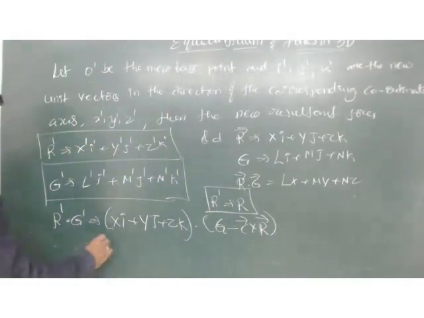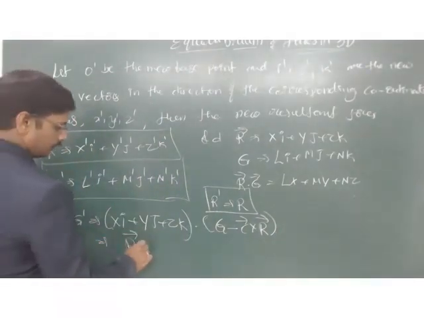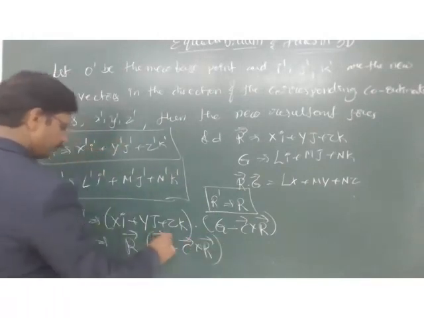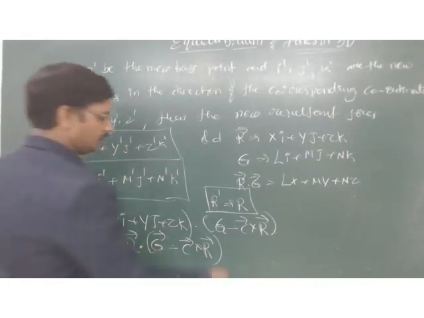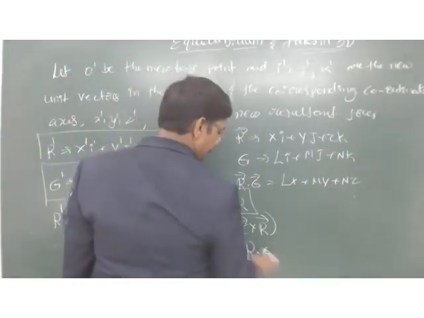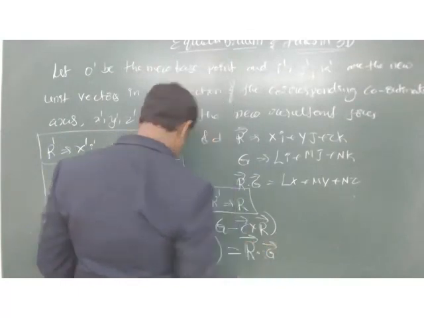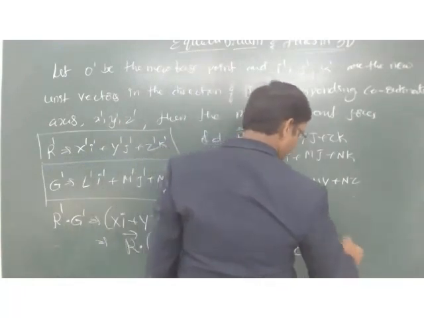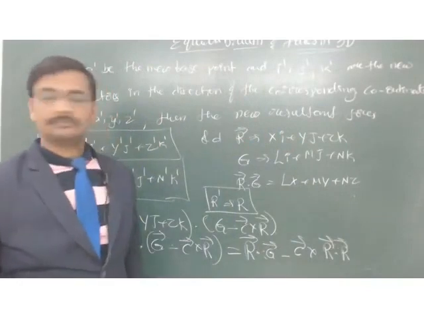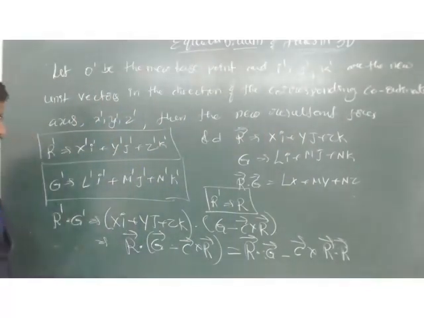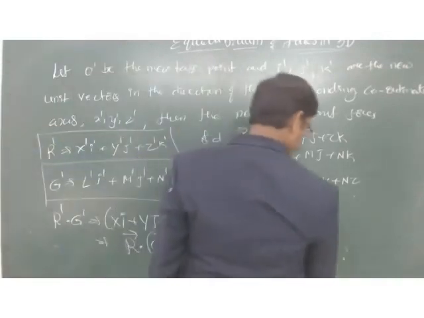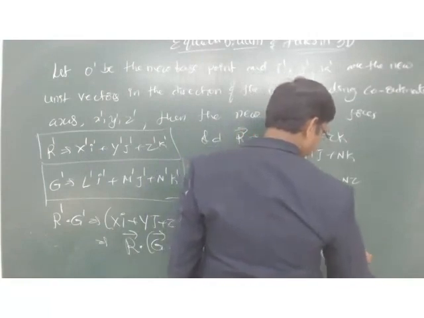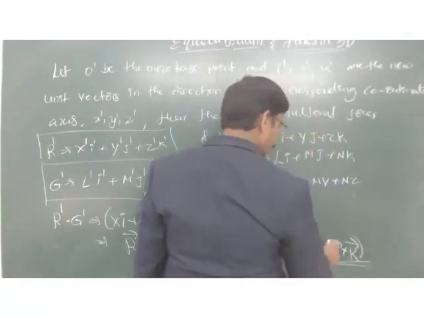So this is nothing but R dot G minus C cross R. If you do this dot product, this is equal to R dot G minus R dot C cross R. Now if you notice, this is the scalar triple product.